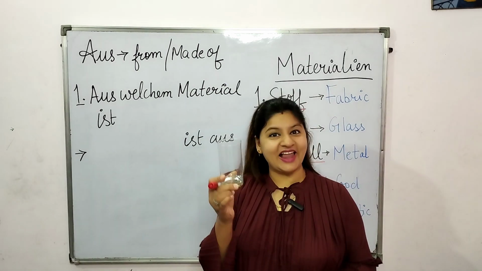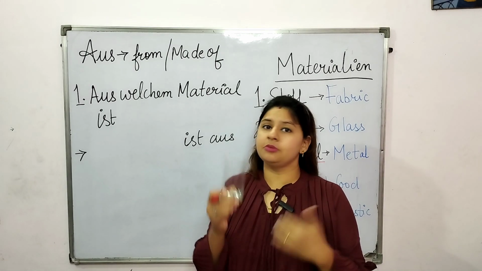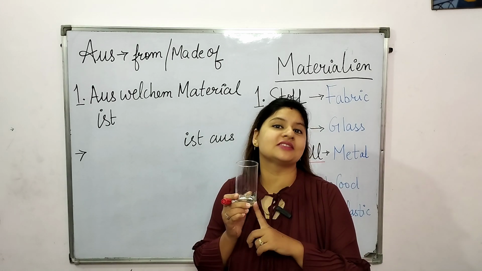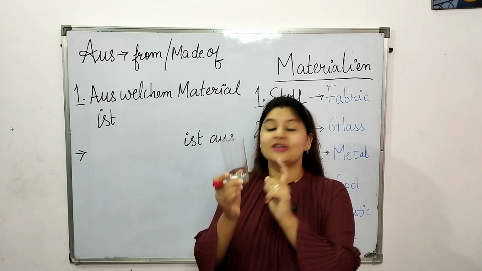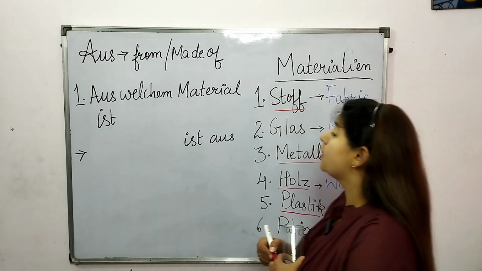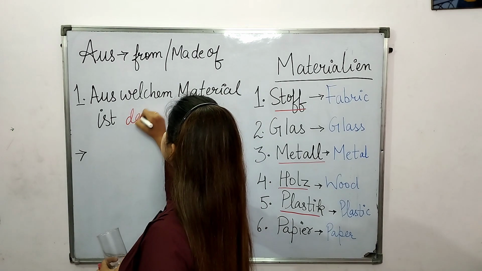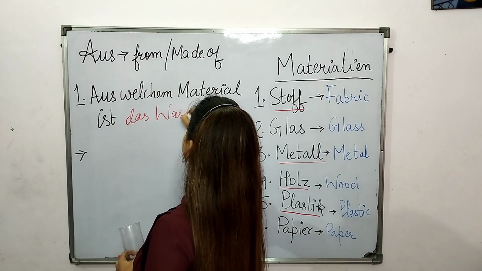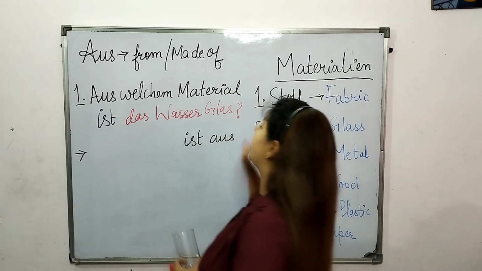So Glas. Das ist ein Wasserglas. It can be any glass. It can be a Wasserglas, a beer glass, or a wine glass. Now we can ask, aus welchem Material ist das Wasserglas?